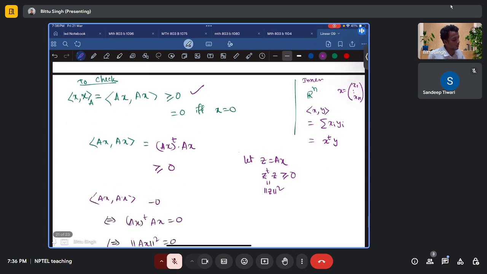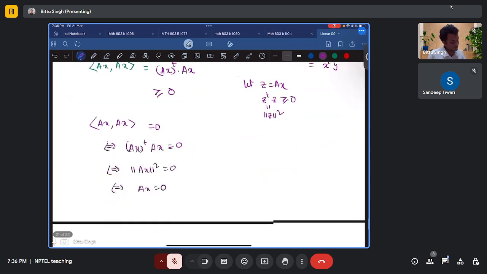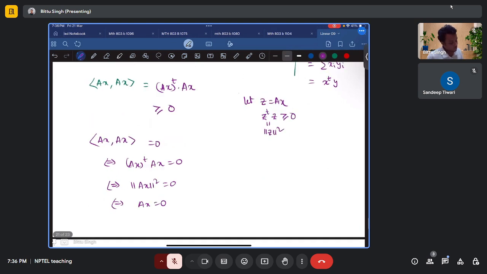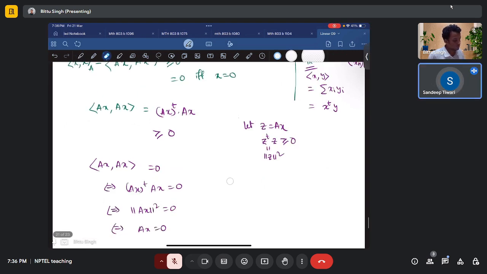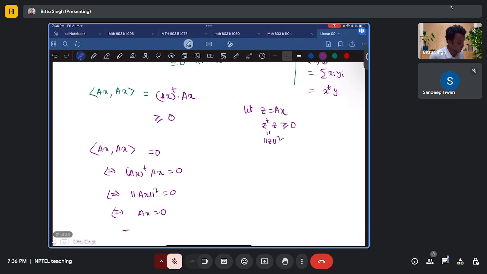This norm is the norm in Rn, the inner product of x with itself. But what is the condition for Ax equal to 0? x belongs to the null space of A. This condition is equivalent to x equal to 0 if and only if A is invertible. Otherwise, this is not true.